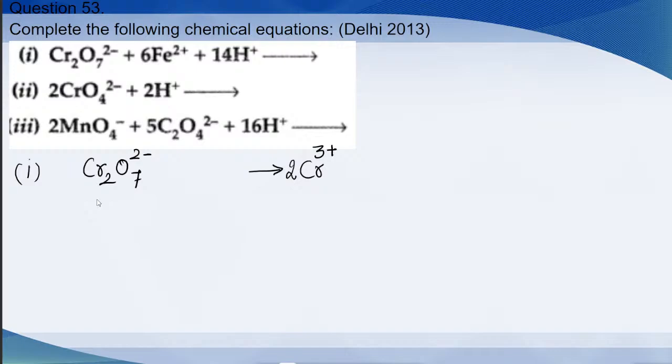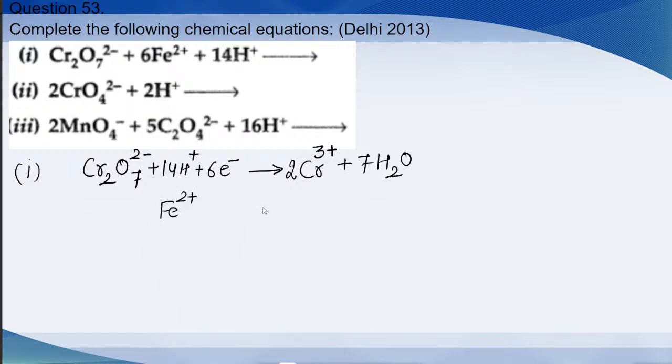So chromium is other than hydrogen and oxygen. So 2 chromium on the left side and multiply Cr3 plus by 2. So 2 chromium on the right side. Now add H2O to the side deficient of oxygen and double number of H plus ion to the opposite side. So total 12 positive on the left side and 6 positive on the right side. So add 6 electrons.